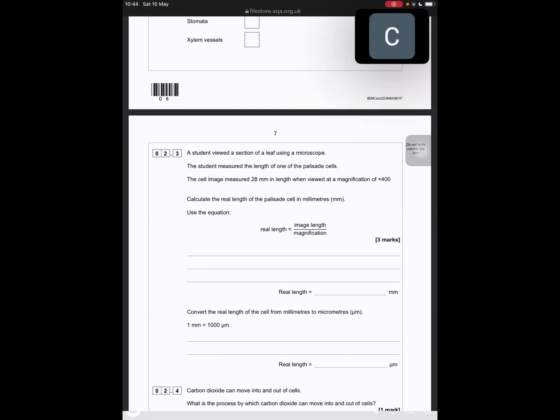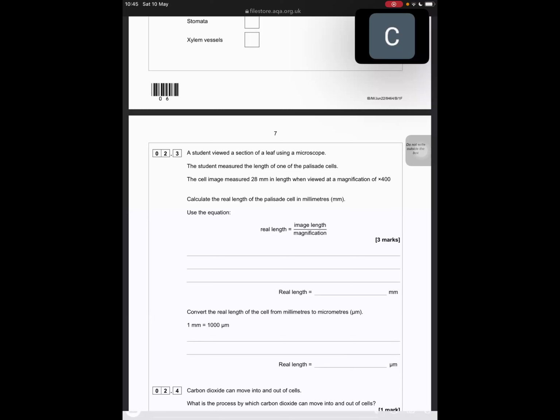So if you say 7 over 100, what is the answer in decimal? 0.07. Yes, the decimal point will move to the left 2 times. So that's 0.07 millimeters. Let's move on now.